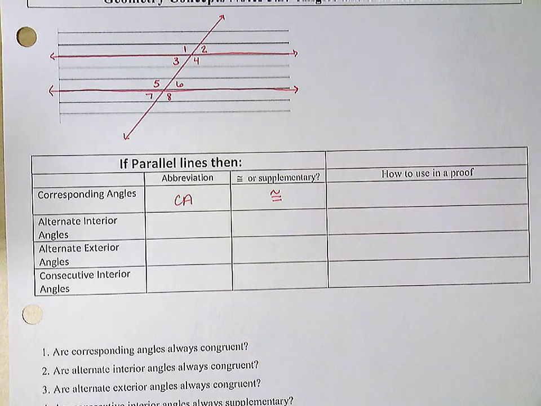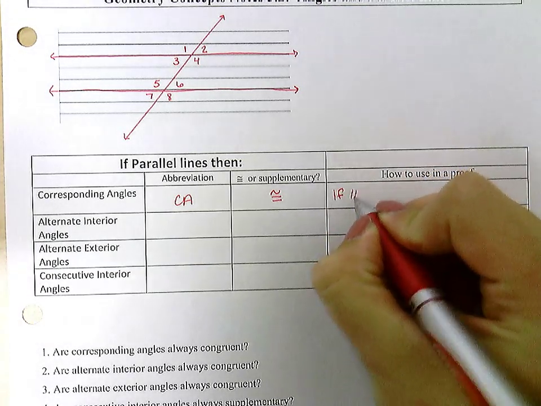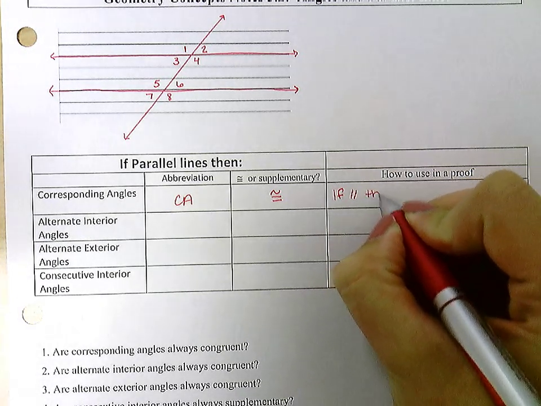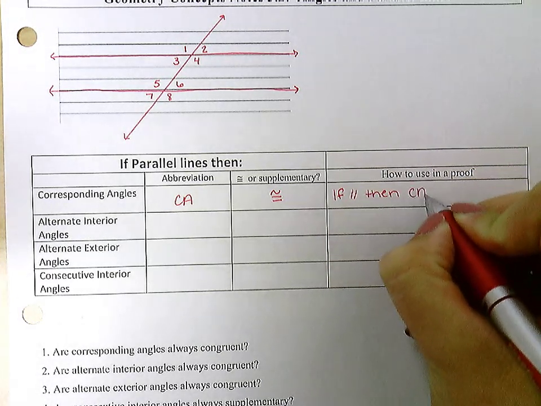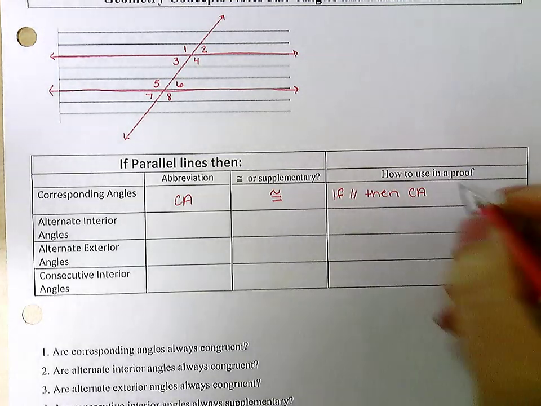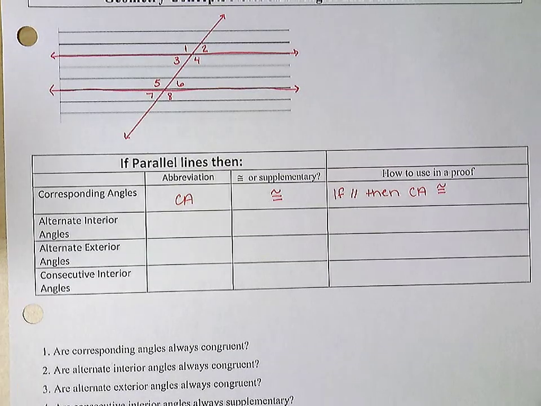That symbol means congruent. They are the same. If you were to ever use this in a proof, you would say if parallel, that's the symbol for parallel, then our corresponding angles, CA, are congruent. So if lines are parallel, then corresponding angles are congruent.